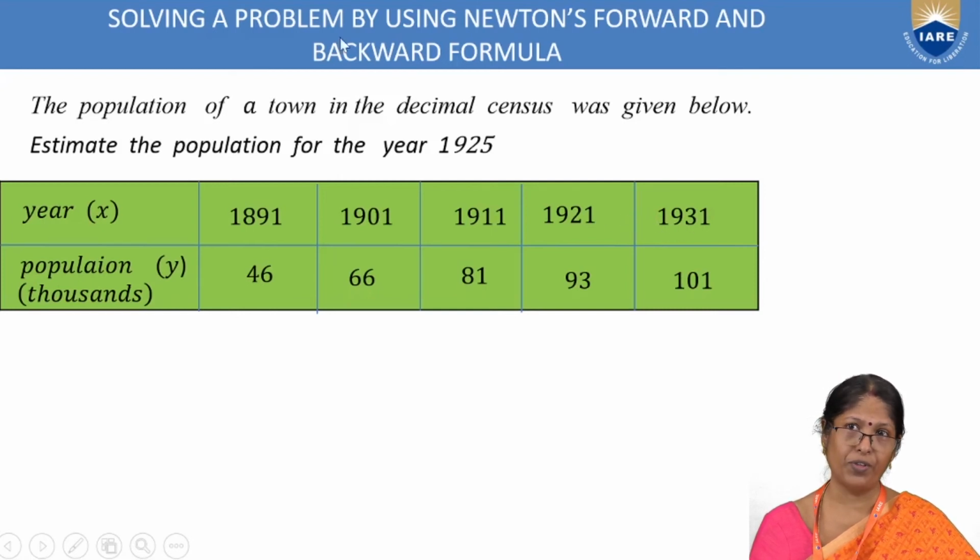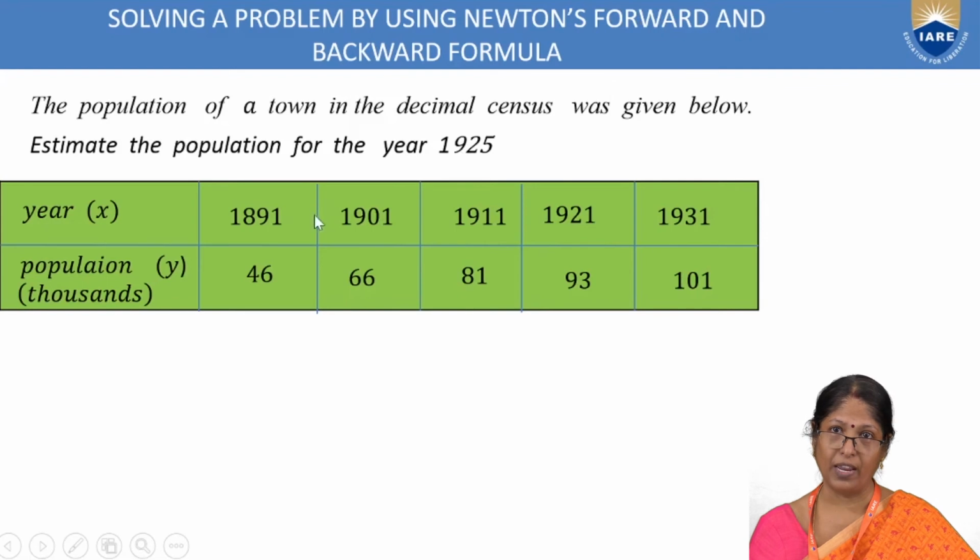That is one of the reasons we use Newton's backward interpolation formula. If you see this slide, Newton's forward is also there. Suppose the question asked for 1895, then it lies at the beginning, and we would use Newton's forward.